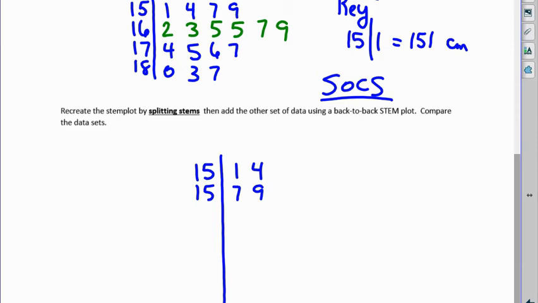What this does is it makes a wider stem plot, and so it spreads it out, especially when you have a tall group individually. So I've split that out, so I'm going to split out the 16s. And if any of the subgroups don't have anyone in it, you leave those blank.